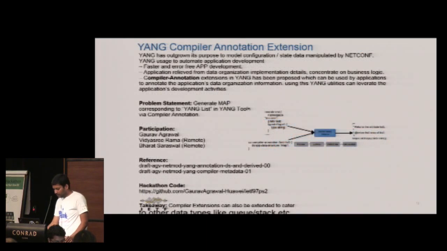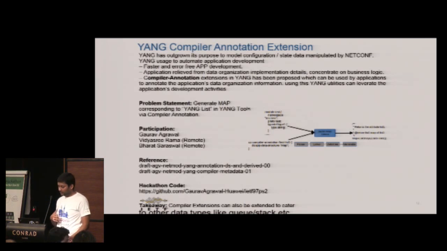Okay. Another problem statement we worked on is the compiler annotation extension, as a part of which we wanted to generate a Java map corresponding to a Yang list. Yang is not only used to define schema nowadays, Yang is also used to automate application development.